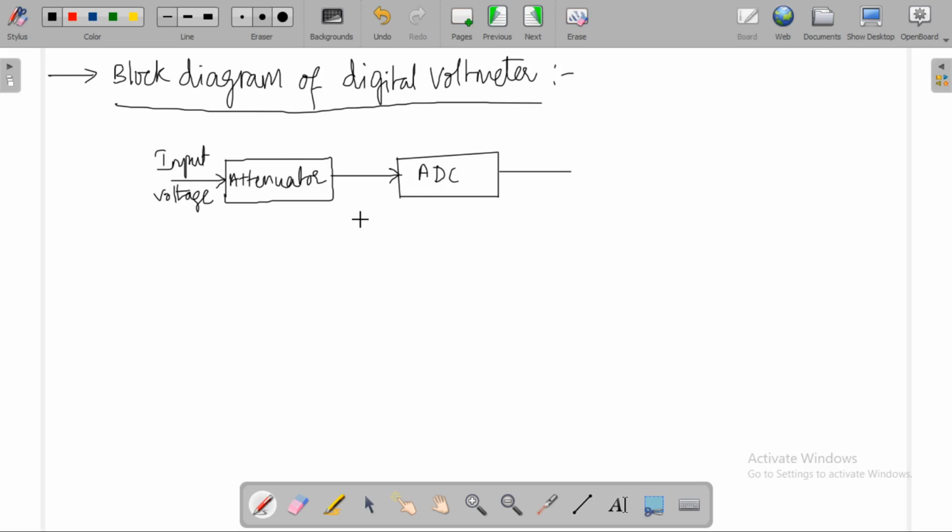ADC. The voltage which is given to this attenuator is input voltage. That input voltage is attenuated by this attenuator and that output voltage is given to this ADC. That is, this attenuator will reduce the amplitude of this input voltage.